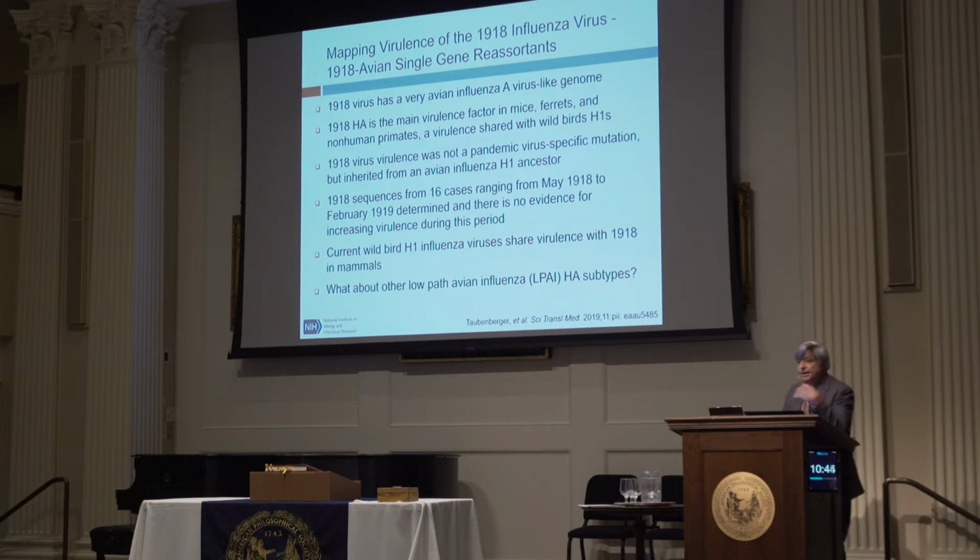And there's no mutation in it that we know of that accounts for this incredible virulence. More scarily, it looks like it's simply inherited from a wild bird H1 ancestor. So currently circulating bird viruses share the same virulence properties if they adapt to mammals. And I'll show you that in a minute.